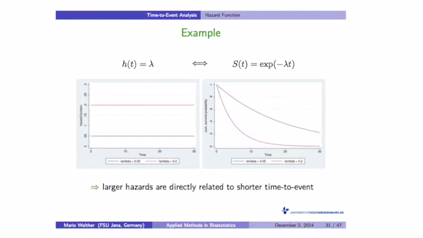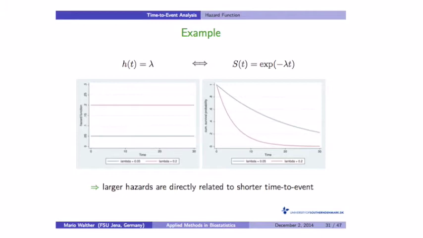So here is an example, a simple example of a constant hazard rate. That means that the experience or the occurrence of an event, for example, relapsing or dying, is almost the same at each time point. And here you have the equivalent concerning the survival function, and you can deduce from this picture that larger hazards are directly related to shorter time to event data with respect to smaller survival probabilities.